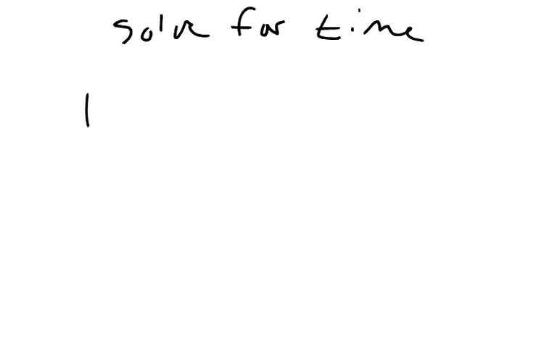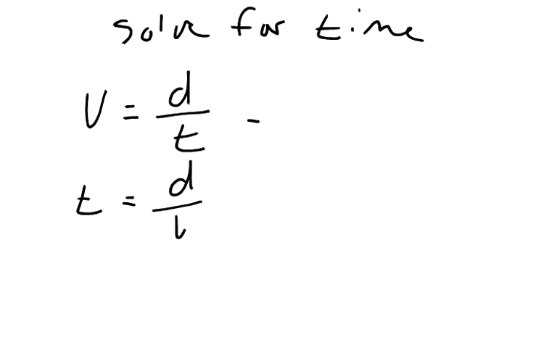So if we remember right, velocity equals distance divided by time, and we can solve for time. Algebraically, that would end up looking like time equals distance over velocity. The way we get there is you can multiply both sides by time.